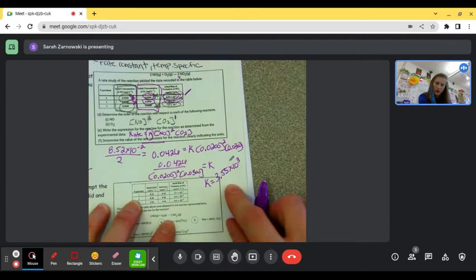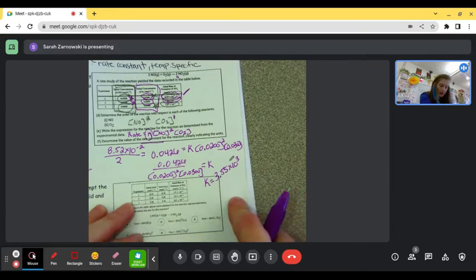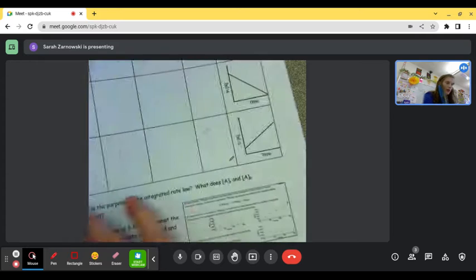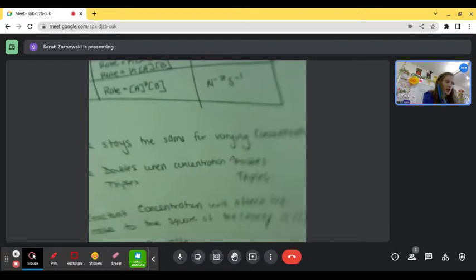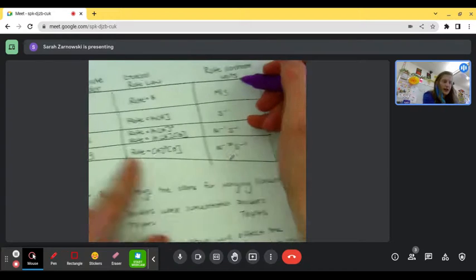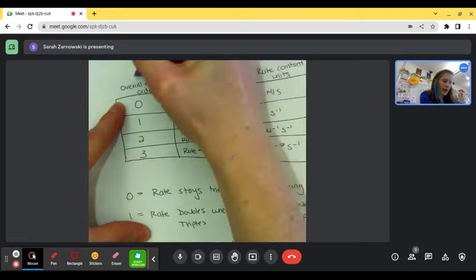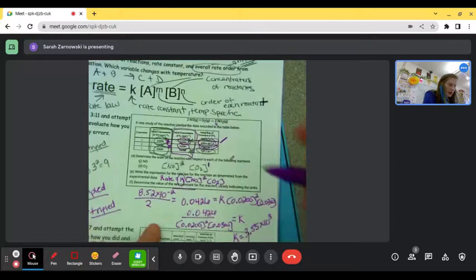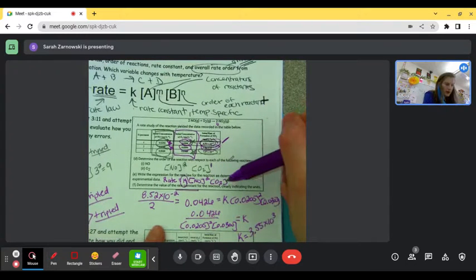Now, we need the correct units. So for the units here, we need our overall rate. So let me flip back. Here are my units, right? Well, I need the overall rate, right? That's m plus n. Those are the sum of my exponents. So flip to the front. 2 plus 1, right?